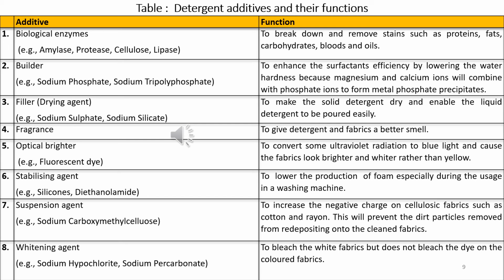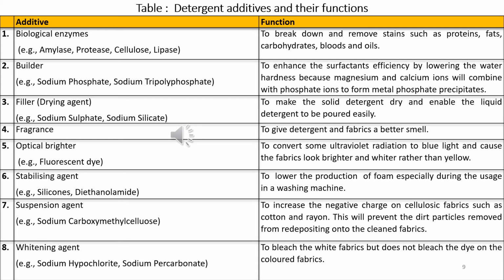So there are different types of optical brighteners added in detergent, and their function is to make the laundry look whiter and brighter. In common household use, a blue dye is added to remove the yellowness present in the laundry and make it brighter and whiter.